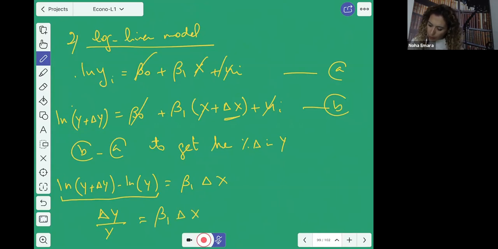So that means the slope, beta 1, would be the percentage change in y because of a 1 unit increase in x, whether it's in minutes or dollars or miles or anything, okay?